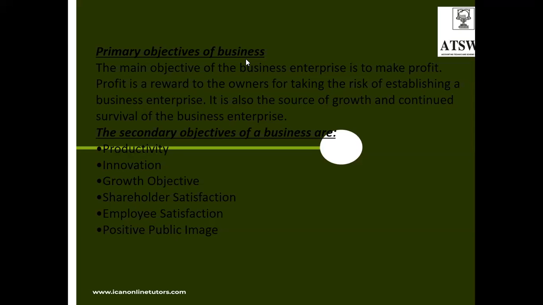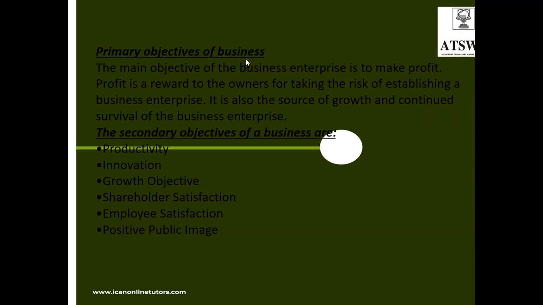What are now the secondary objectives? Productivity, innovation, growth, shareholder satisfaction, employee satisfaction, and a positive public image. Apart from achieving this profit objective, there are some other objectives that we need to achieve.